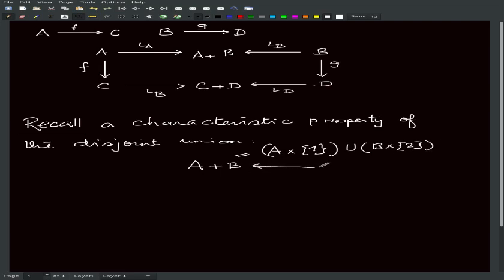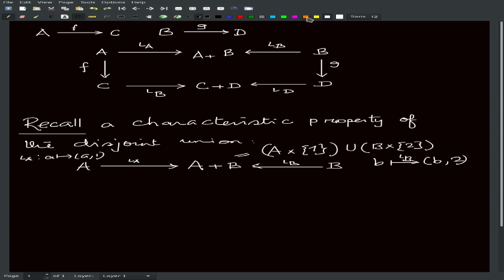And iota B takes a member to the pair. So this is actually a set of pairs. So second coordinates are either 1 or 2. The 2 comes for the members from B and 1 comes for the members of A. So iota A is taking A to A1.